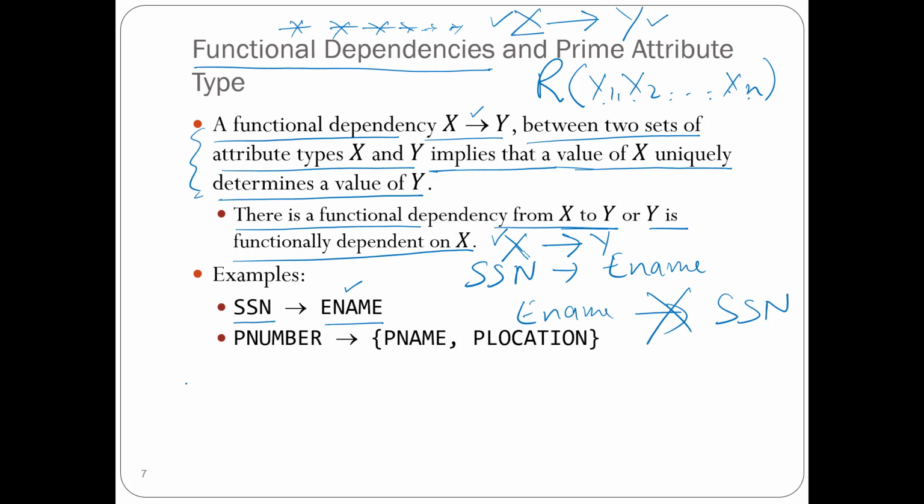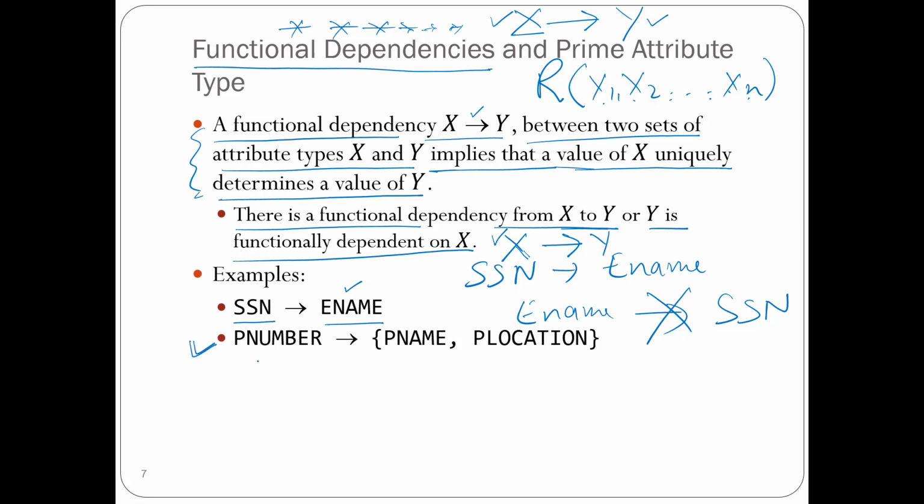At the same time, one project may have multiple employees. Now, if an employee is working on multiple projects and a project has multiple employees, then we need to keep account of the hours that an employee is putting in a project. I think I should use this explanation later. That doesn't apply to this example. Sorry about that. I'll discuss that example later. Let me confine to this one.